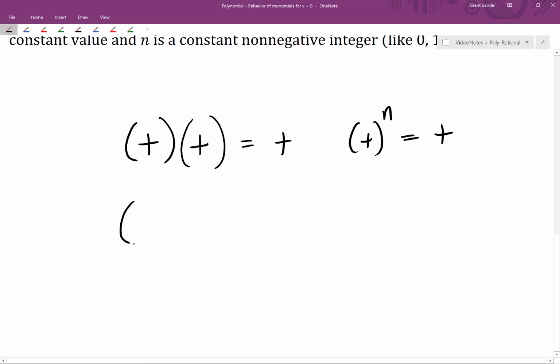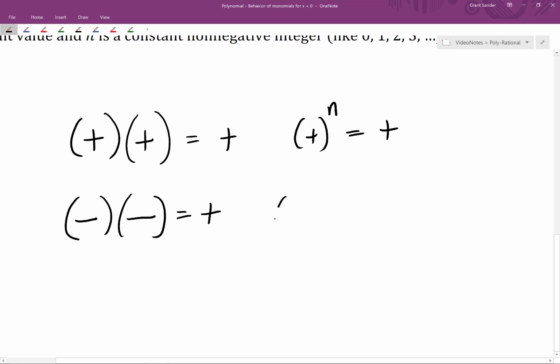So recall that if we have a negative number times another negative number, we get a positive number back. But if we do a negative number times a negative number times a negative number, then the first two give us a positive number, and then doing positive times a negative gives us a negative number back.